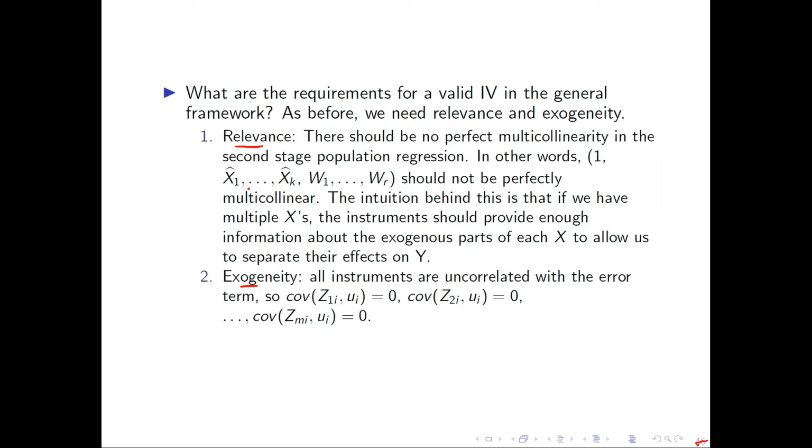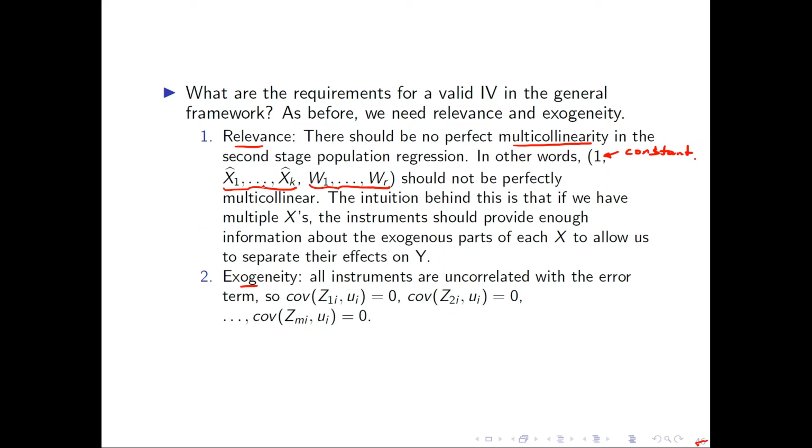If we take relevance first, then there should be no perfect multicollinearity in the second stage population regression, which means that the constant term, the exogenous part of the endogenous variables, and the control or exogenous variables should not be perfectly multicollinear.